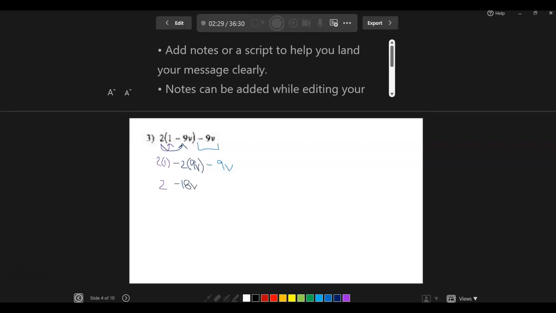Doesn't matter which number you make negative in your scenario. A positive times a negative or a negative times a positive, either way you're going to get a negative there. Or if you look at that as a minus positive times a positive, you'll get minus a positive. Either way, you're going to keep your signs straight there. And then bring down your minus 9v.